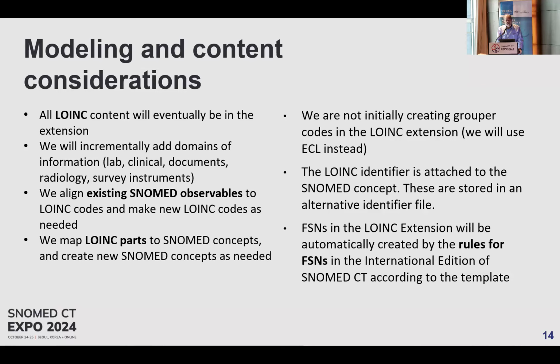I say that because if you look up observable entity now in the new prototype extension, it says 10,000 children. So some people might want to see a little more separation of the data in the ontology.